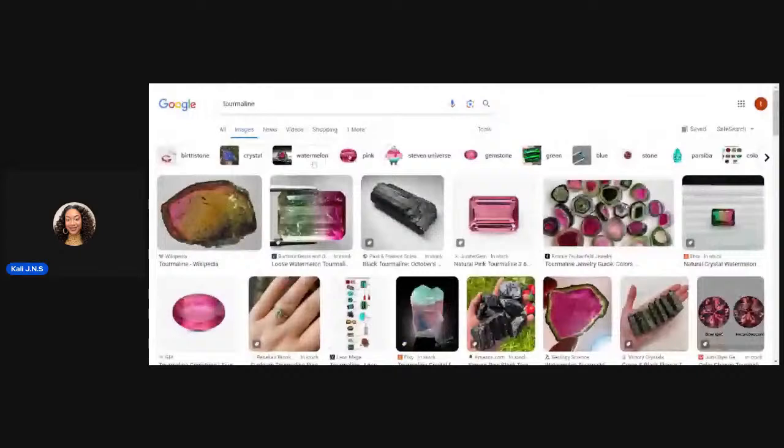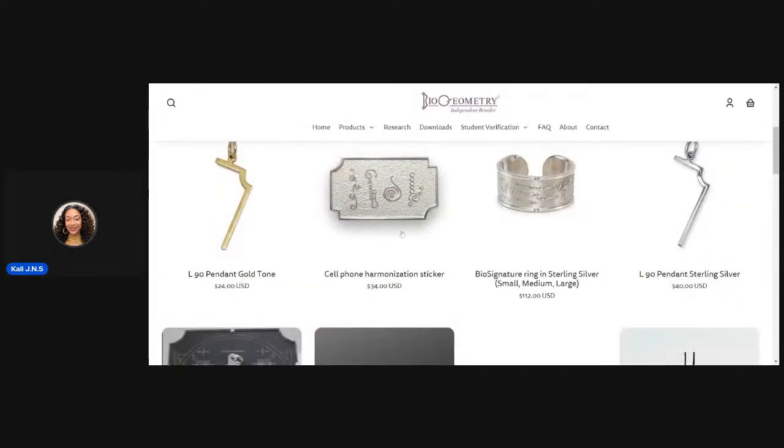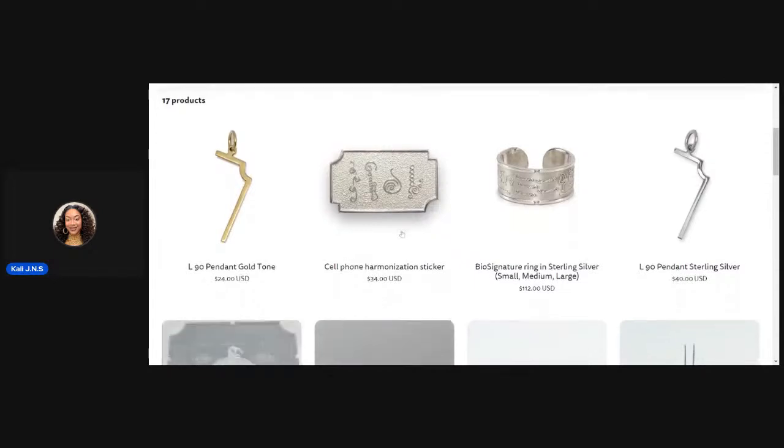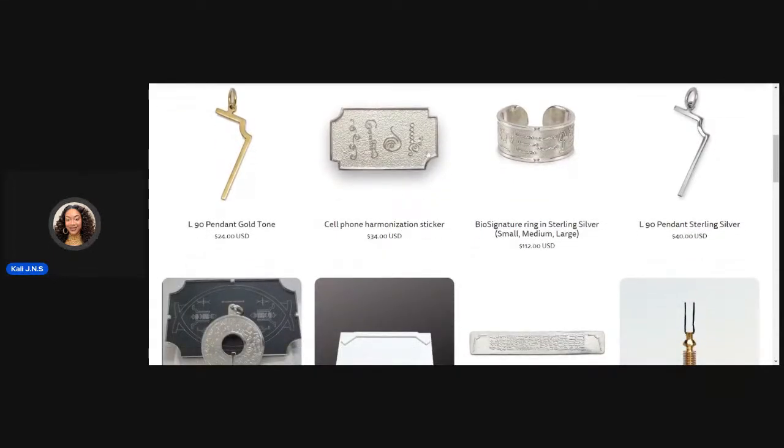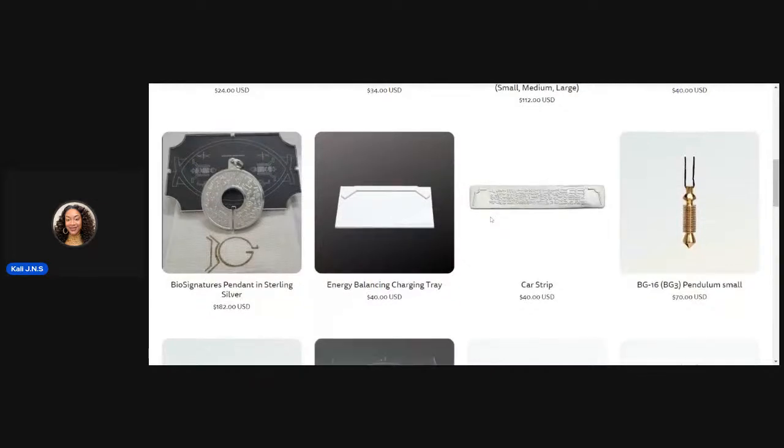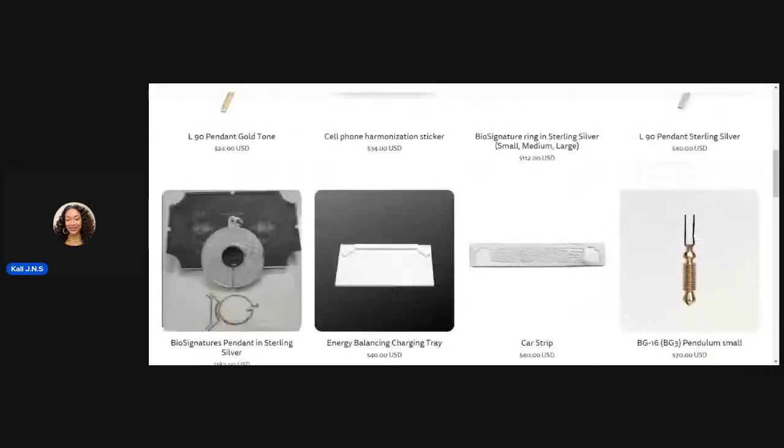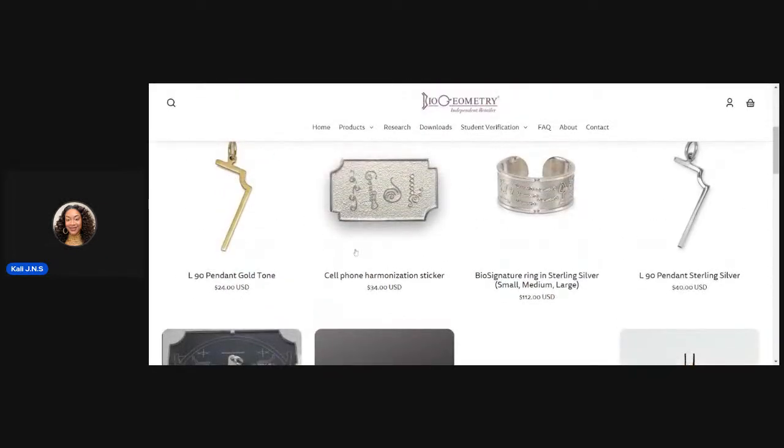Remember that. And so let's go back here for those that want to, because again, these symbols also carry an interdimensional code. And so you might want to just go to this website and use some of this stuff. They have the cell phone harmonization.